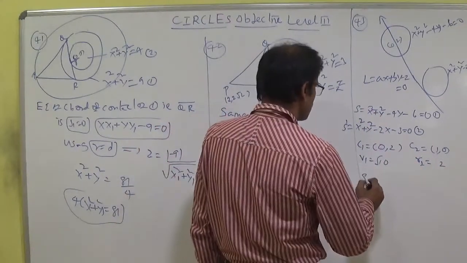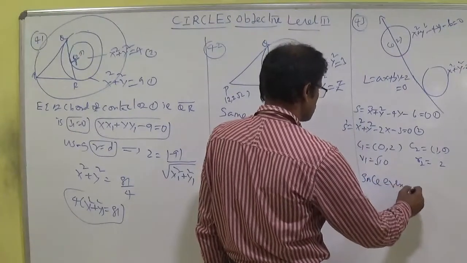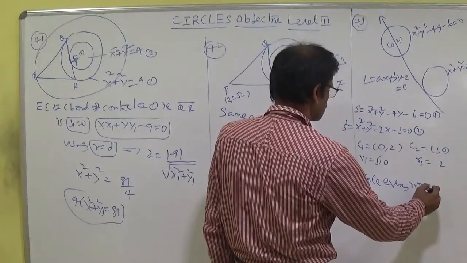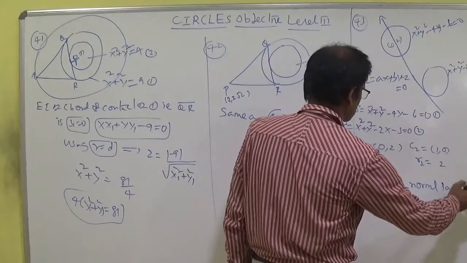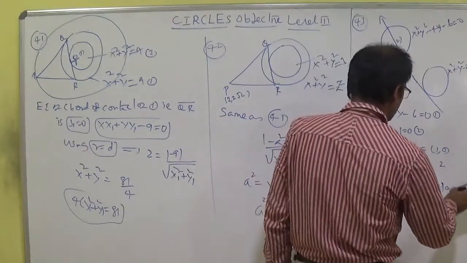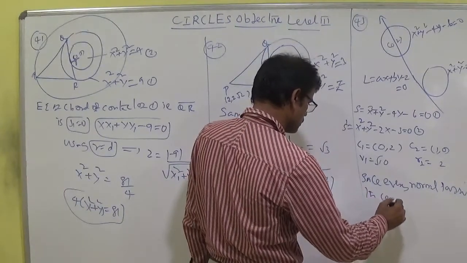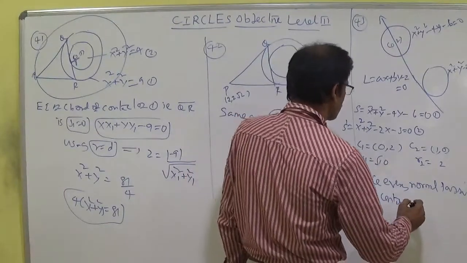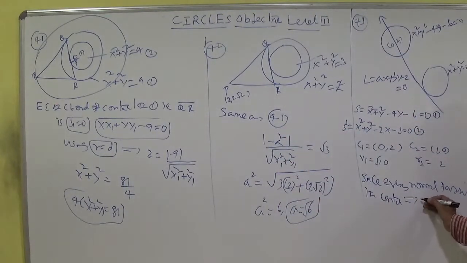Since every normal passes through the center, substitute the value (0, 2) in the normal.